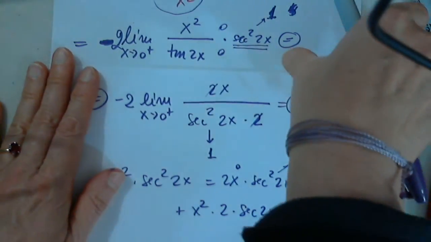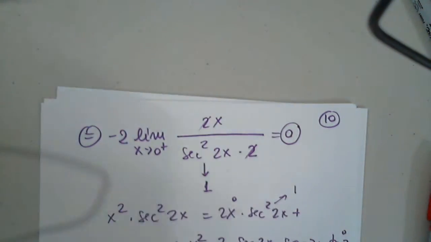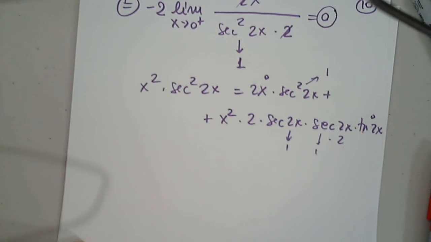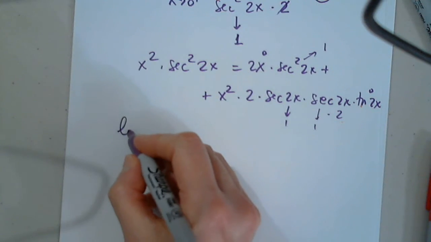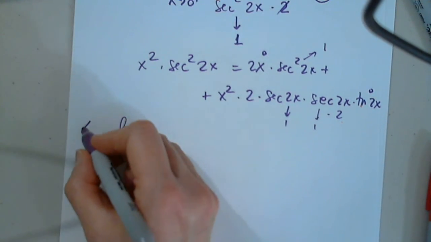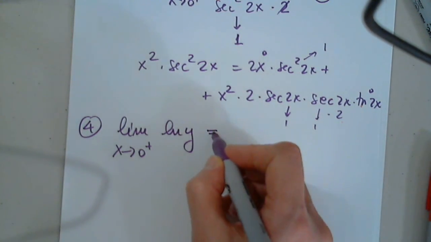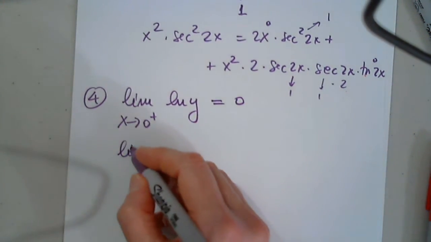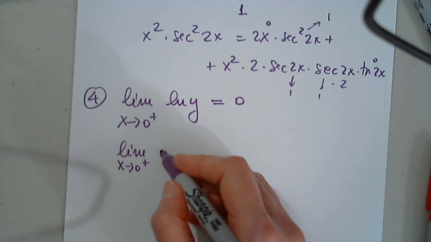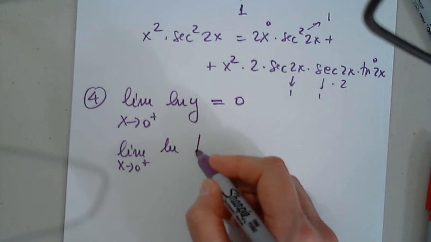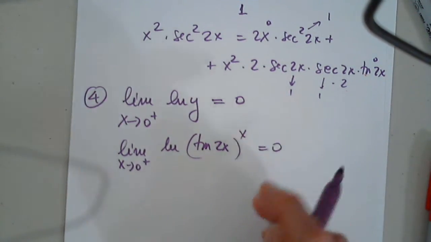Because now remember, in step 4, I have to copy the beginning and the end to draw a conclusion about the limit that I'm really, really interested in. So I'm copying the beginning of step 3. So this is step 4. X approaches 0 from the right, from natural log y equals 0, or limit as x approaches 0 from the right, from natural log of tangent 2x raised to x is 0.